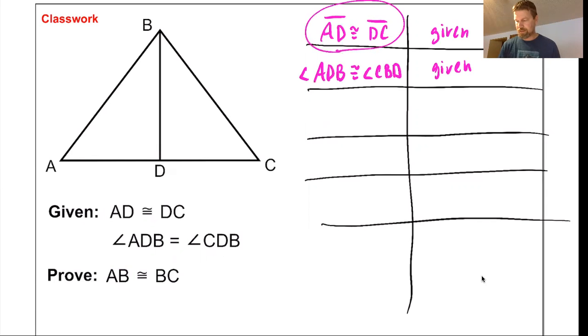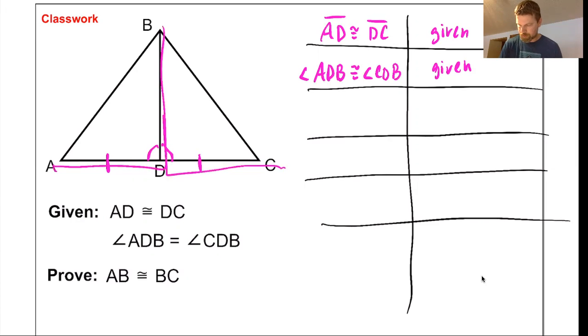So AD and DC, I'm going to mark right here, AD, DC. Angle ADB and CDB, I wrote that wrong. There we go. Those angles are here and here, right? A to D to B, C to D to B, those are the angles. Those are given to be the same, so I'm going to mark them the same.